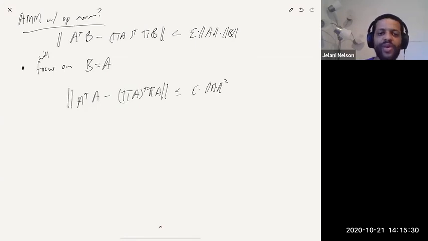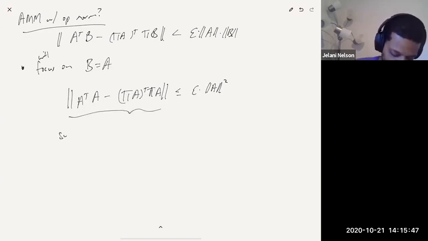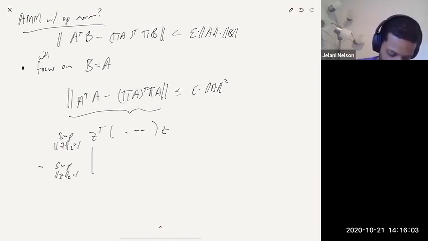What is the operator norm? These are both symmetric matrices, right? The left-hand side of this is a symmetric matrix. This thing is the sup over all Z of unit norm of Z transpose times that matrix times Z, which is the same thing as the sup over all Z of unit norm of the L2 norm of pi AZ squared minus the L2 norm of AZ squared.